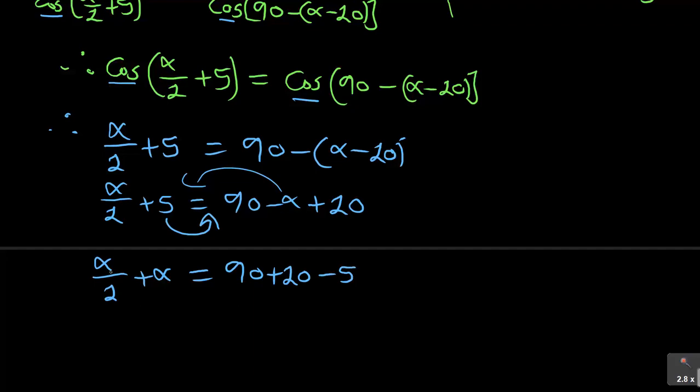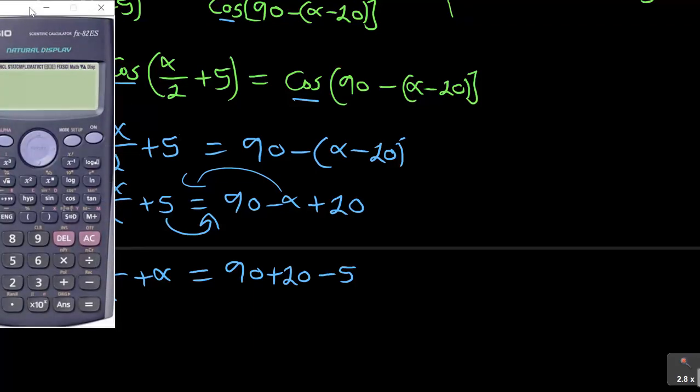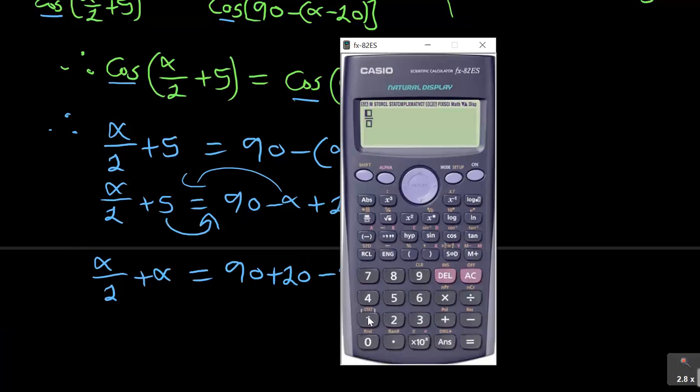Now alpha over 2 plus alpha, I think it's 3 over 2 alpha, because alpha over 2 is 1 over 2, plus 1, which is 3 over 2.